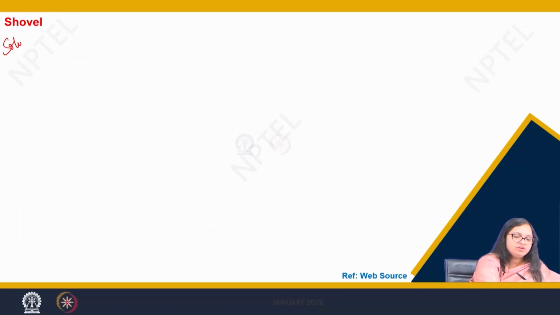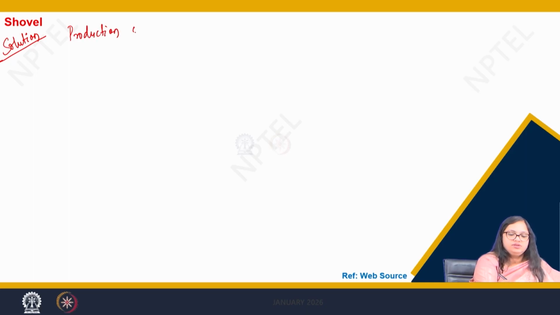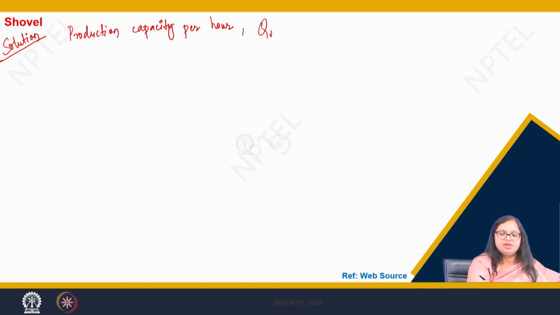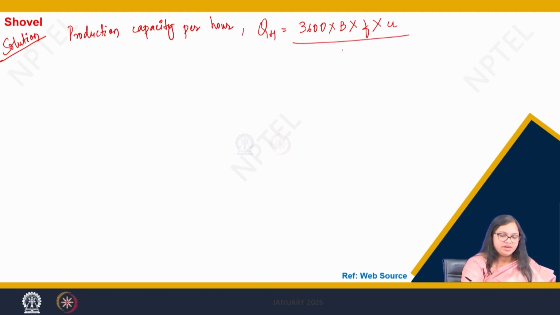Now, how do we solve this question? So, first we have to find the production capacity per hour, which is given by QH is equal to 3600 multiplied with B multiplied with F, that is the fill factor, multiplied with U, that is the utilization factor, divided by T into SF, right.